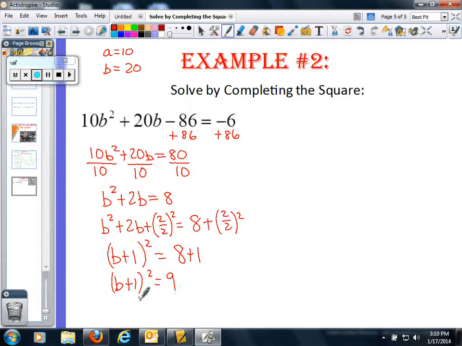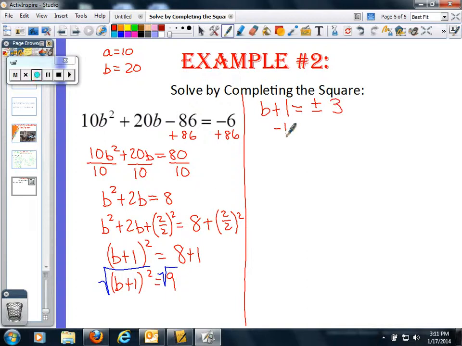Okay, so now I'm simplified on the left, I'm completely simplified on the right. Now I'm going to solve. So in order to get rid of the square, I have to take the square root. I'm going to get b plus 1 equals plus or minus, the square root of 9 is 3. And now I'm going to solve for b, so I'm going to subtract 1 from both sides.